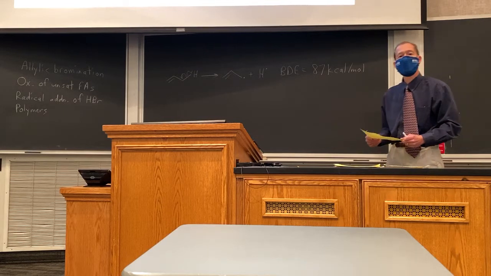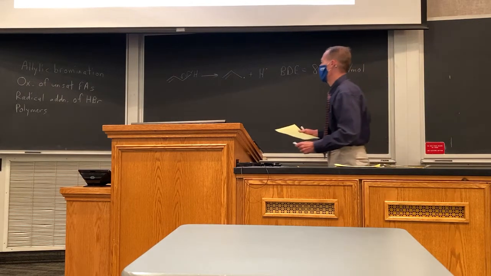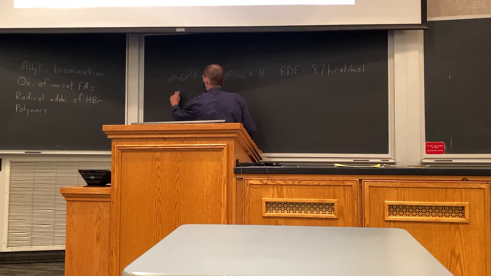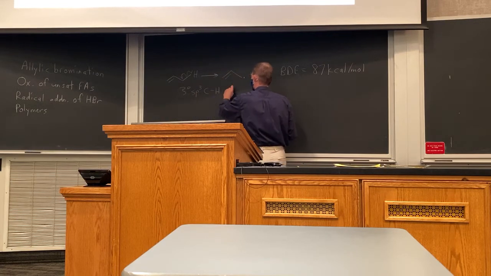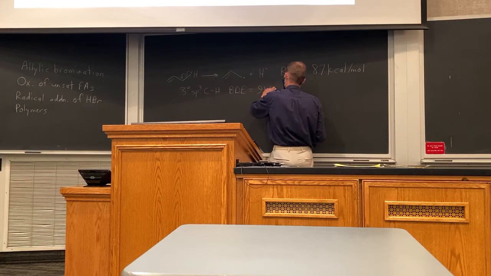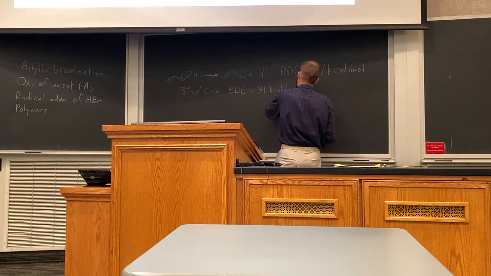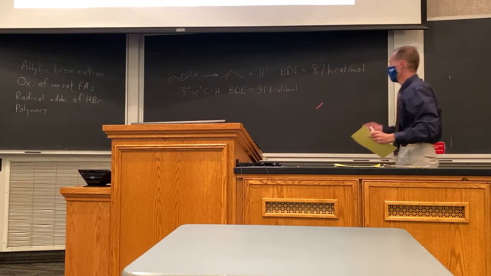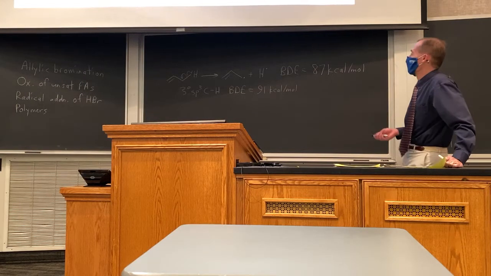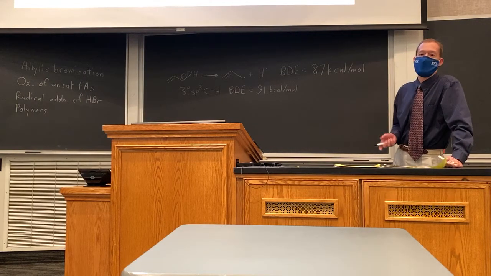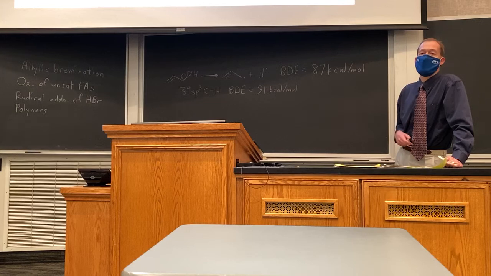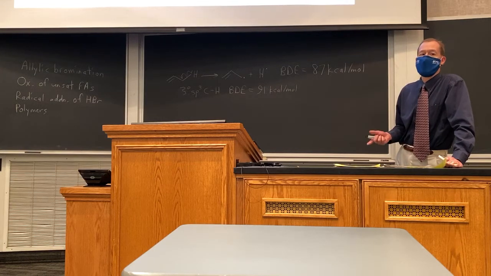This is weaker than a typical carbon-hydrogen bond. For example, if we had a tertiary sp3 carbon-hydrogen bond, the bond dissociation energy is 91 kilocalories per mole. So what these numbers tell us is that this allylic radical is more stable than a tertiary radical.